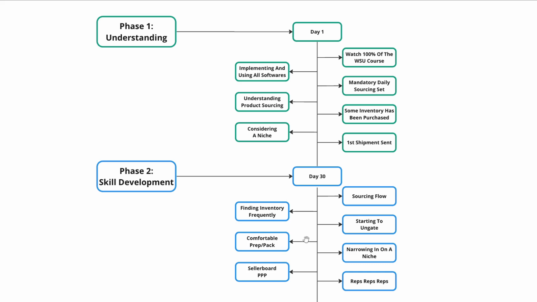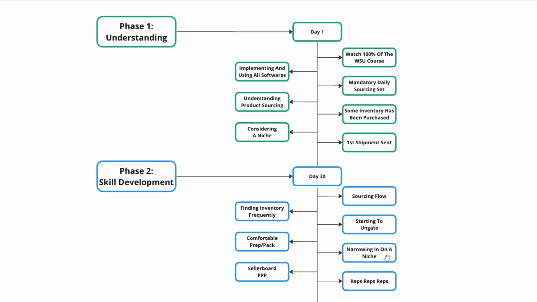Okay, at this point now we're going to start narrowing in on a niche. So if in phase one we started considering grocery and toys, for example, well, we've had experience in those categories. We've tried to source a whole bunch of grocery products and a whole bunch of toy products, and we're going to start narrowing in on a deeper niche.